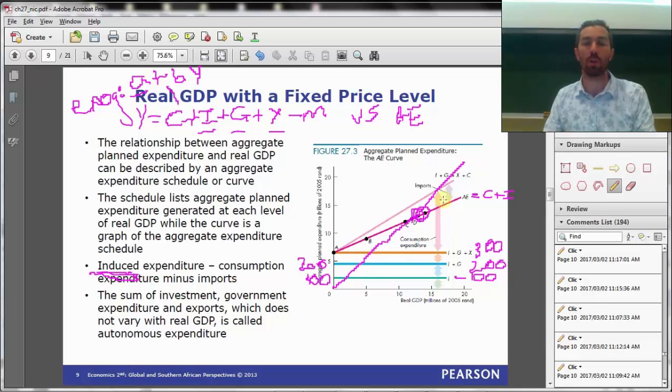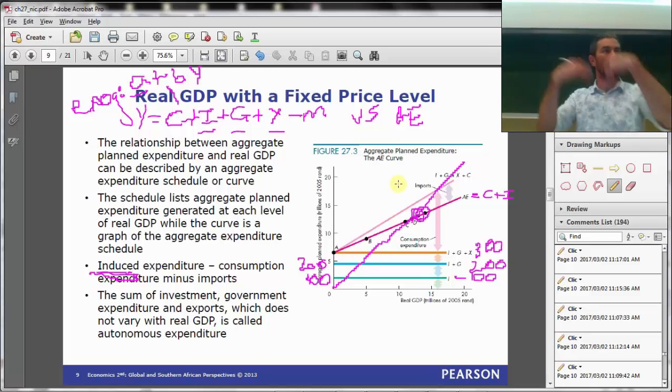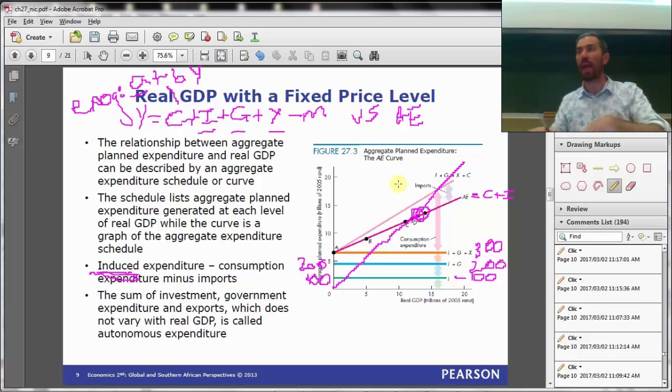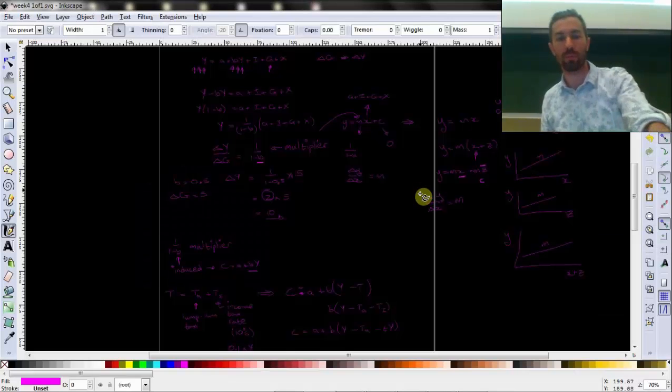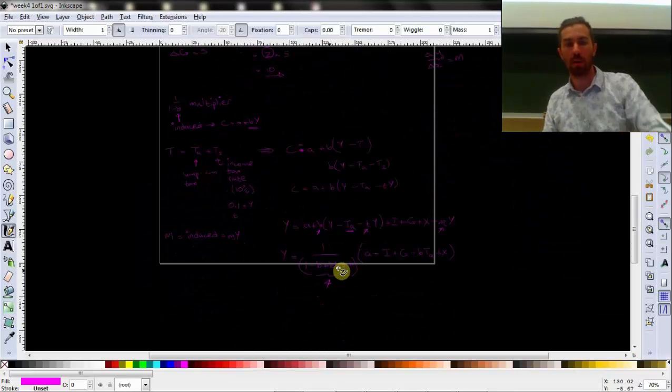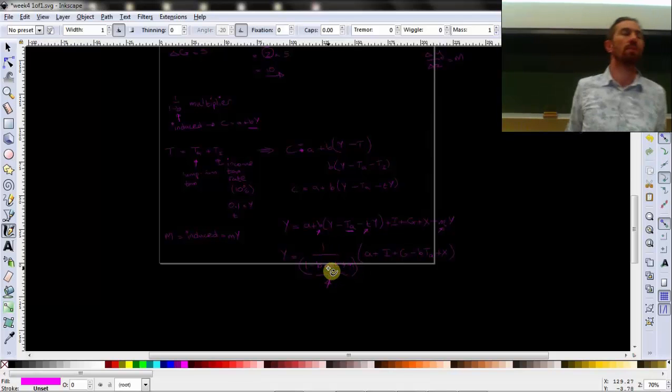The slope is no longer simply B. The slope is B and T times B and M, right? All of those things together now determine the slope, okay? And so this is why our curve shifted or swiveled when we included autonomous imports, because we've now got a different multiplier process.